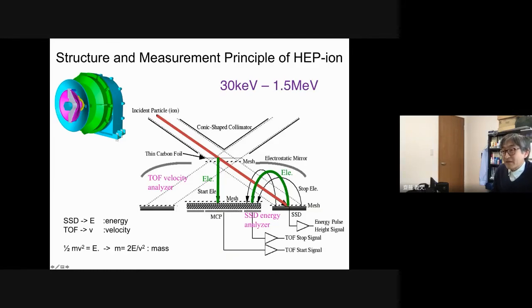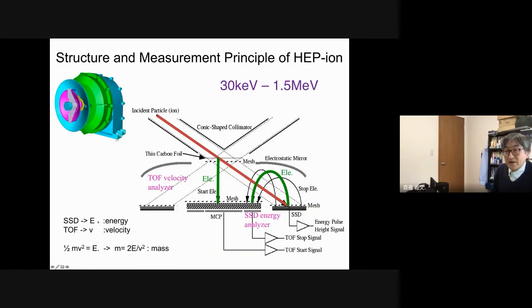By measuring the time difference between the start signal generated by the ion passing through the carbon foil and the stop signal, we can measure the velocity of the ions. And the SSD can measure the energy of the incident ions.